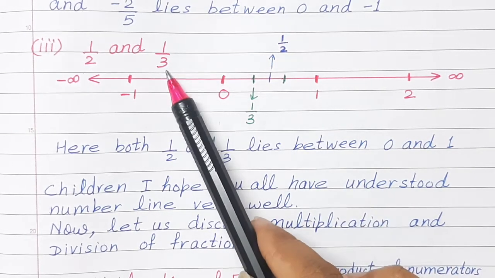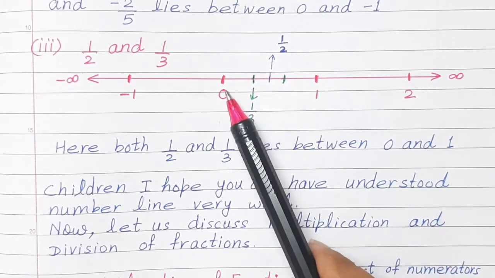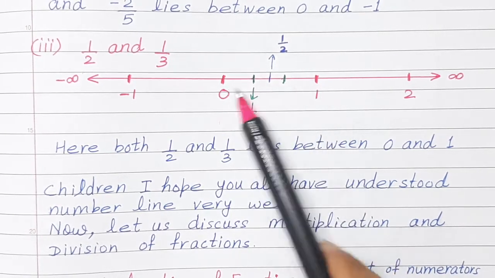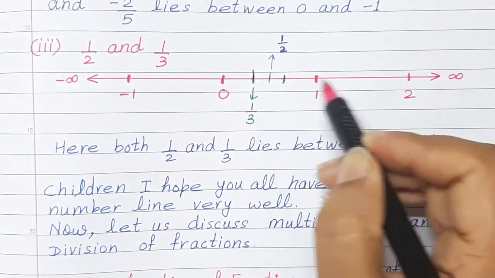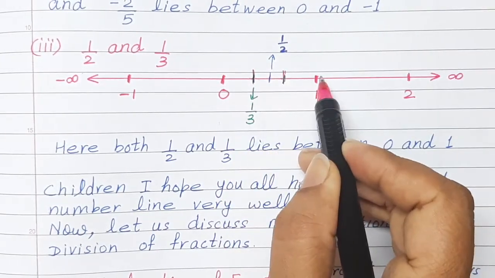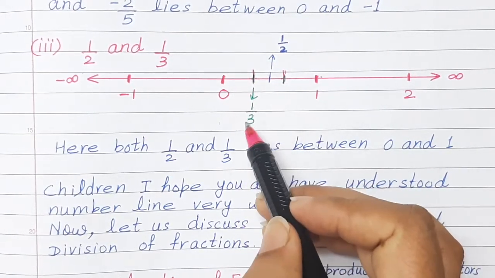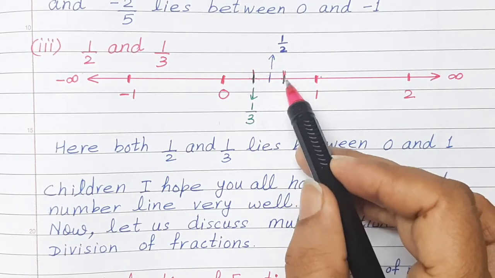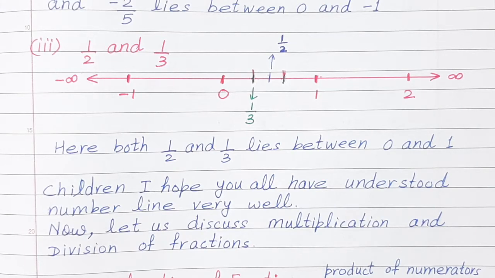But in case of 1 by 3, we have to divide the distance from 0 to 1 into 3 equal parts. So this is the first part, then second. So 1, 2 and 3, right? Just ignore this half here. So here the first part is 1 by 3 and the next part is 2 by 3, right? Now children, I hope you all have understood the number line very well.